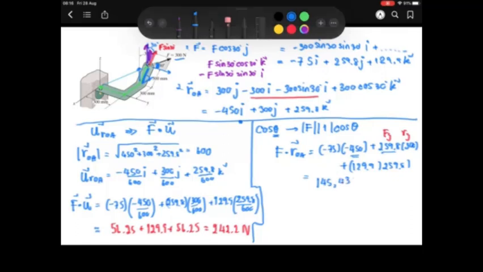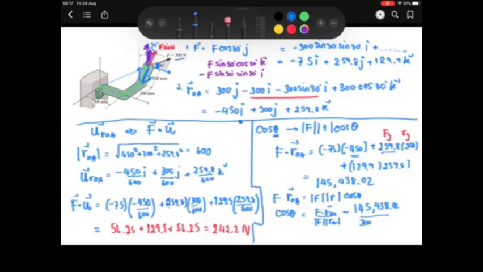So cos theta will be equal to F dot ROA over their magnitudes, which is 145,438.02 over 500, the magnitude of force, and then 600. This cos theta will be equal to 0.808.